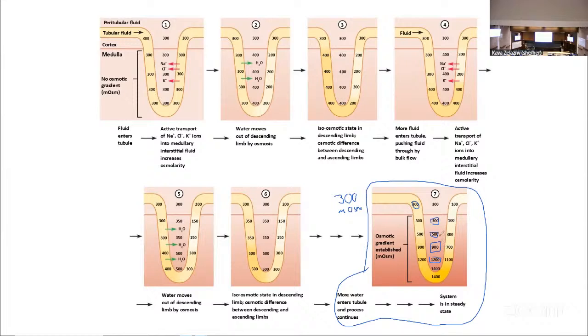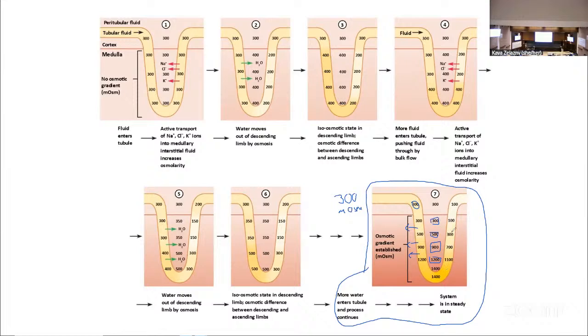Okay. It has to be a gradient because we can also see that as fluid moves down through here, it's also going up in its osmolarity because we have water movement coming out of the descending limb. Right, so water can come out here, which is why we need this bigger and bigger pull on it.